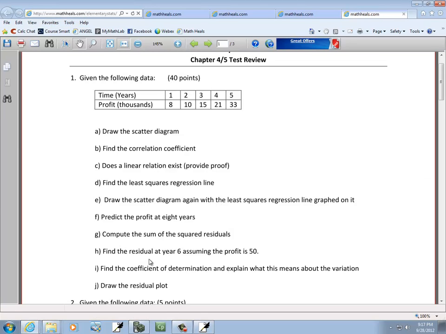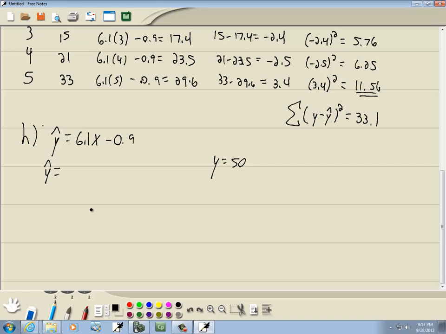And we're going to use this model to see what our predicted value is. So, find the residual at year 6. So, we're going to plug in 6 for the x and see what the predicted value is. So, we got 6.1 times 6 minus 0.9. I get 35.7.